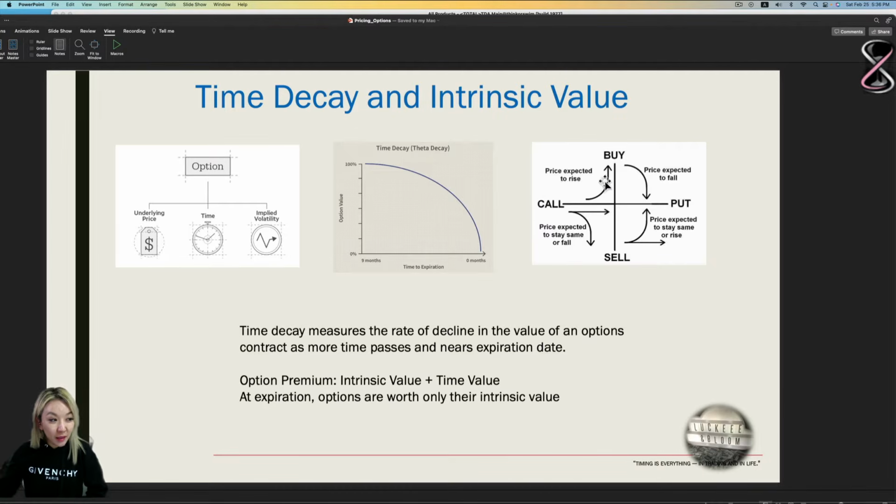You can buy a call betting that the price will go up. You can sell a call betting that the price will go down. You can buy a put betting that the price will go down. And you can sell a put betting that the price will go up. So that's the four types of options trades that you can do.